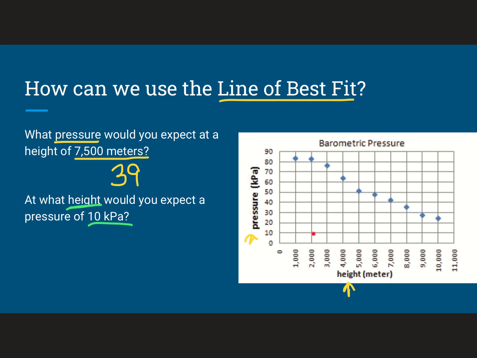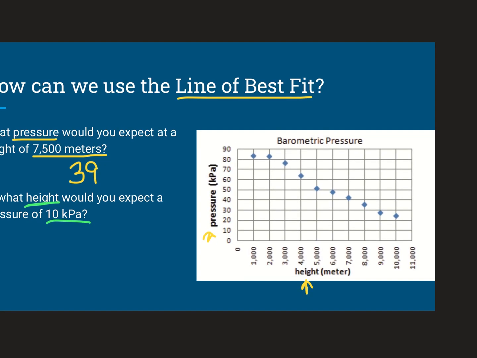I'm going to go across here until I figure out where that would hit. It's going to be off my graph, right? And that's fine. For 10 kPa, I'm going to say this line would keep going down. It'd probably hit 10 right about here, which would be about, let's say, 12,000.